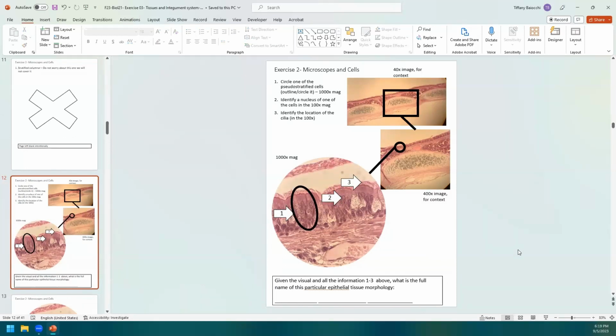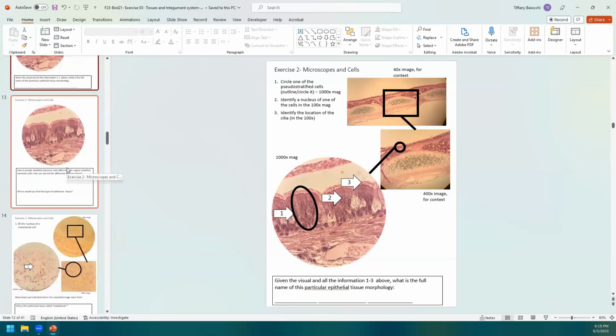Then identify the location of the cilia. The cilia are this hair-like stuff at the apical end of these cells. This is the stuff that is going to help move mucus up and out of the trachea. So they are going to be on the apical end of the cell.